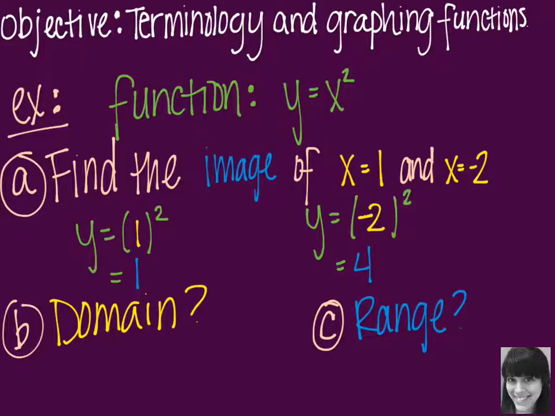Going back to the domain. The domain is the whole first set of numbers, right? The first set of numbers is all of the inputs that I can put into a function. So I'm looking at this function y equals x squared. There are no values of x that I can't put in. So I can put in all real numbers.